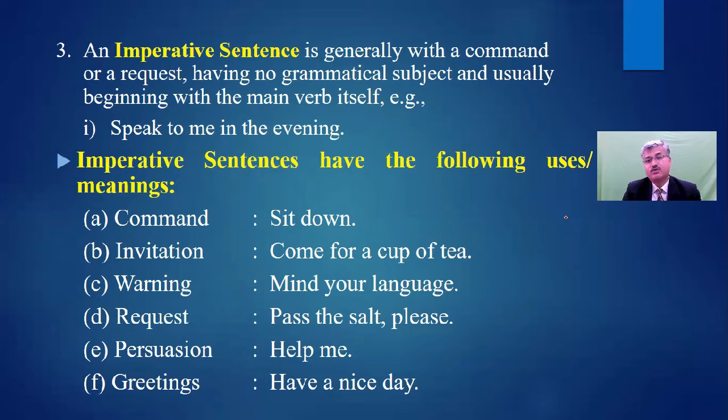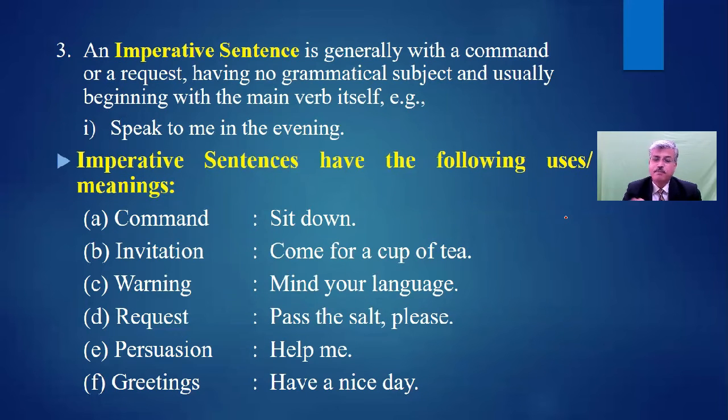Imperative sentences have the following uses or meanings. These are some of the examples suggested by the imperative sentence. For example, number one, command, invitation, warning, request, persuasion, greetings. Command, sit down. Invitation, come for a cup of coffee or tea. Warning, mind your language.